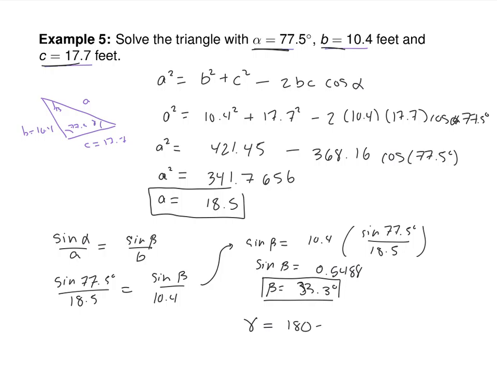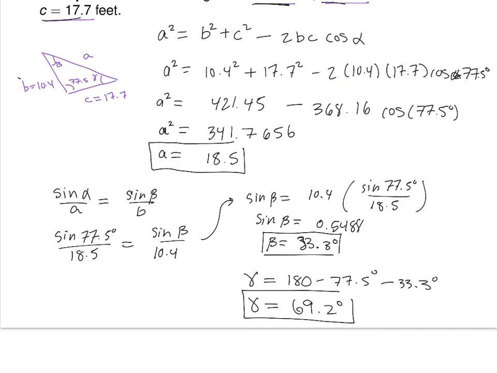So it'll be 180 minus 77.5 minus 33.3. 69.2. Mm-hmm. Okay.